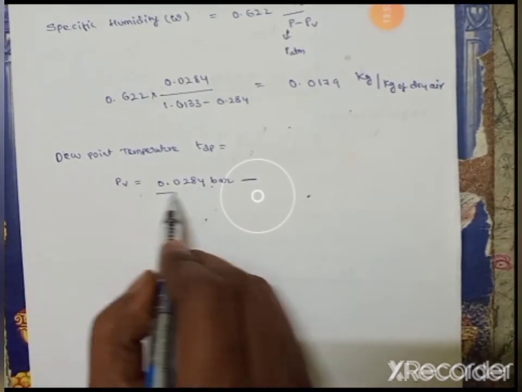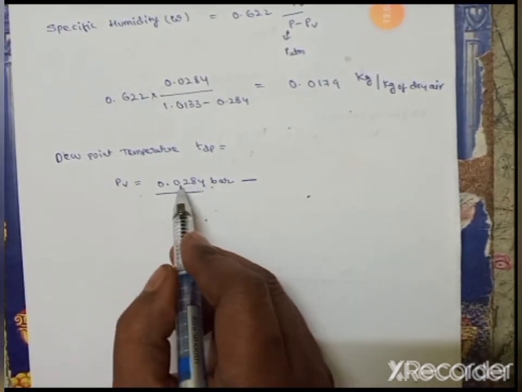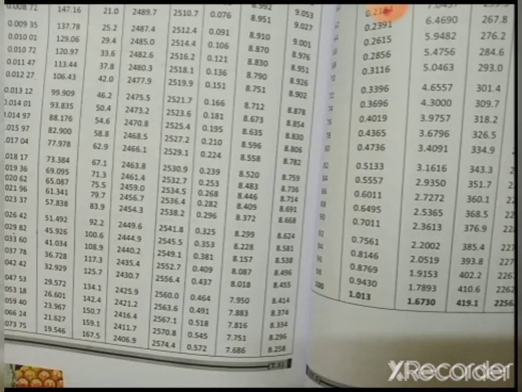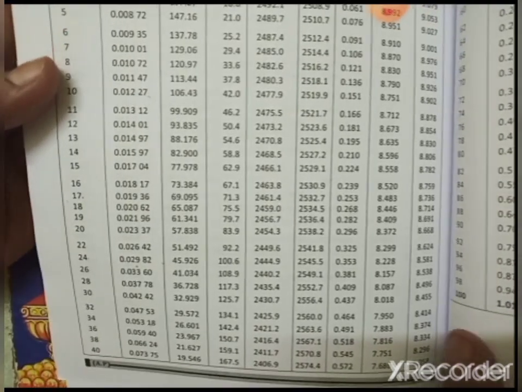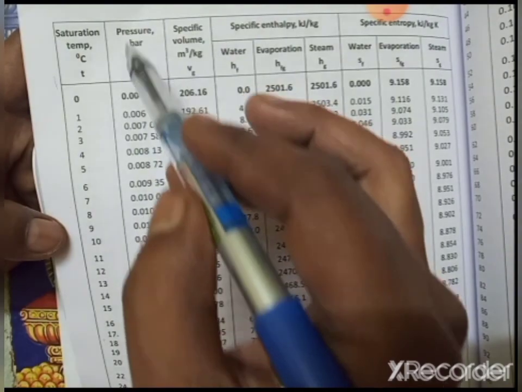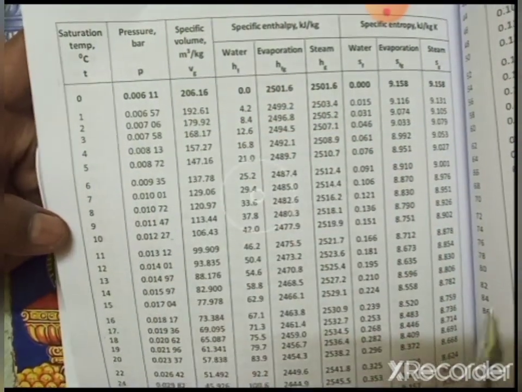So for the partial pressure of water vapor 0.0284, from the steam tables, this is the saturated temperature column and this is the pressure column.